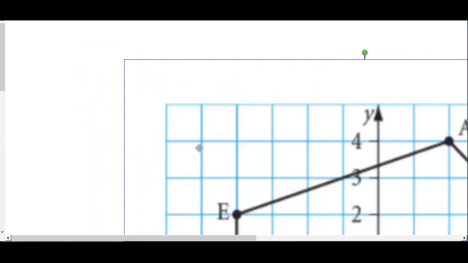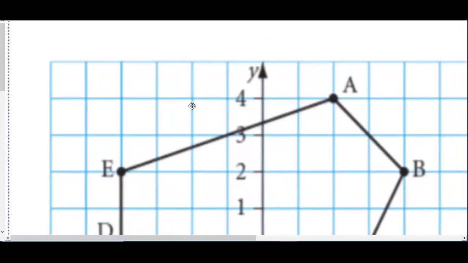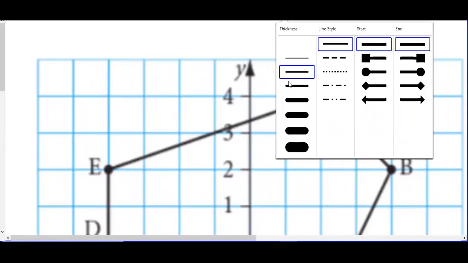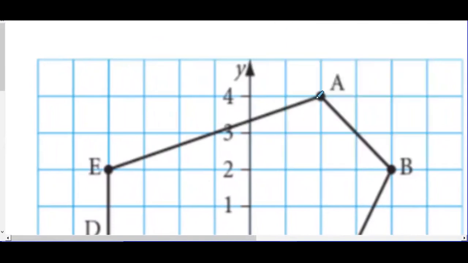Okay, so let us make like 300. Okay, now let me start showing you how do we find the midpoint of this line here, the line from A to E. How do we find the midpoint of the line from A to E?